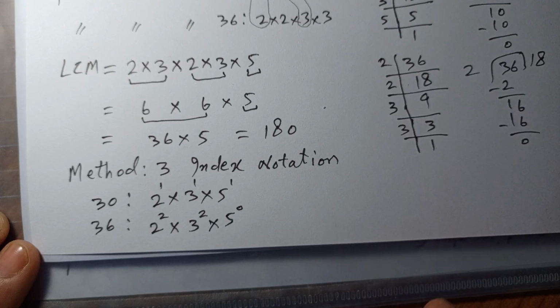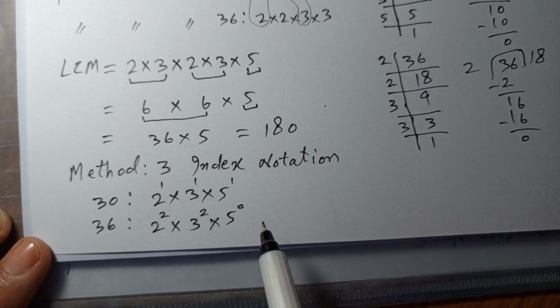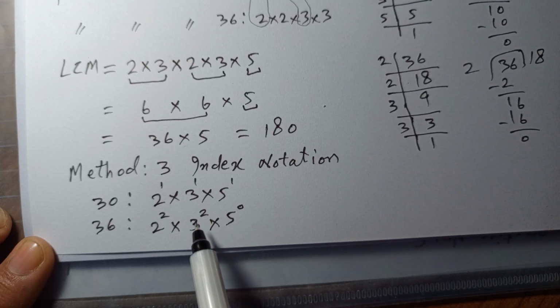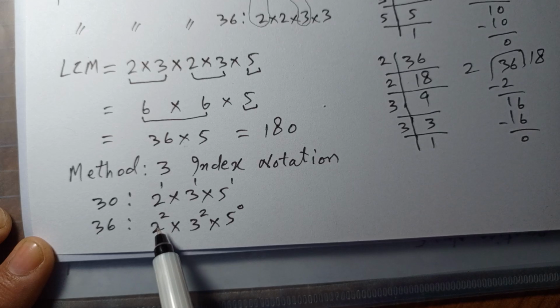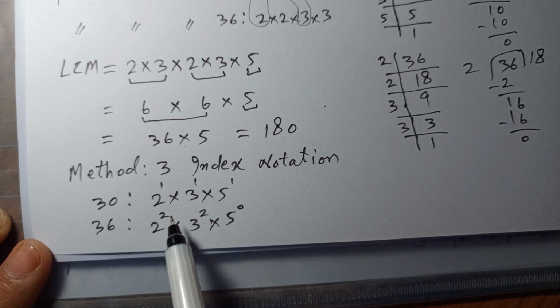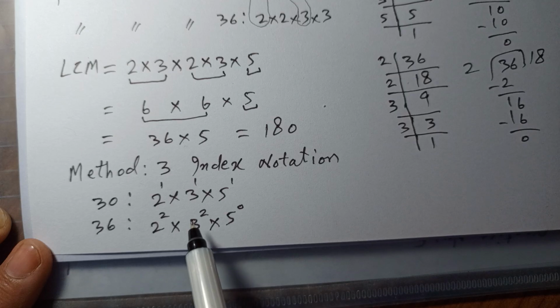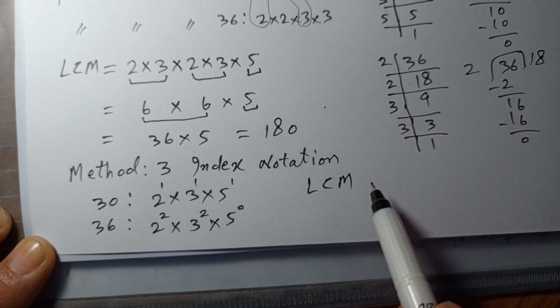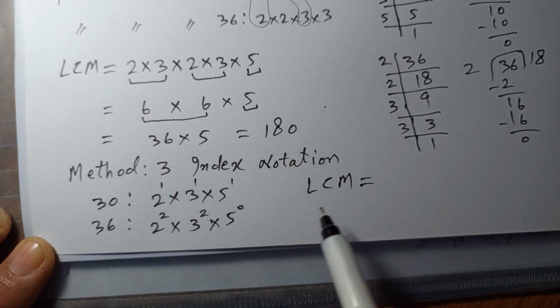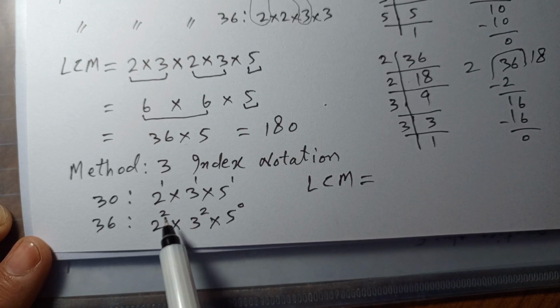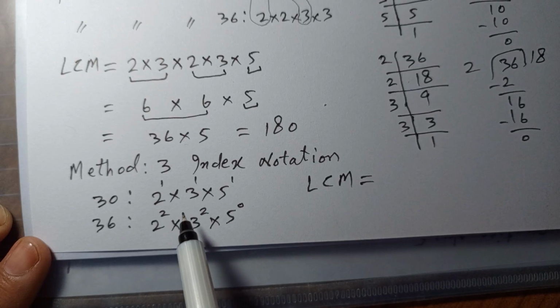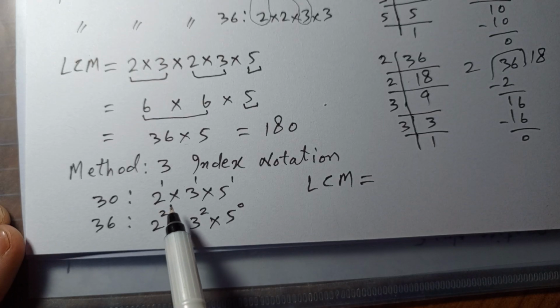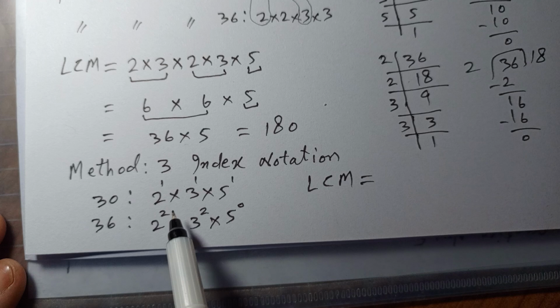Now to get LCM by this method, you will take the higher power, not the lower power. So I am going to write here LCM. To get LCM, you will take the higher power from both the index notations of the numbers.